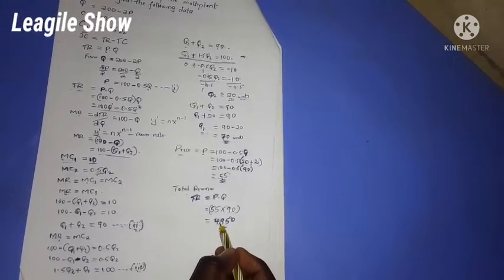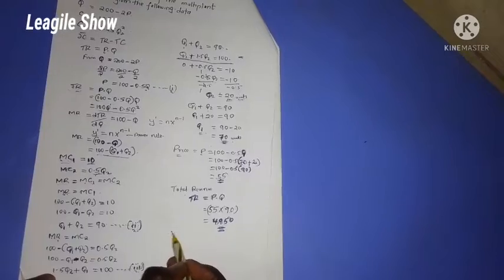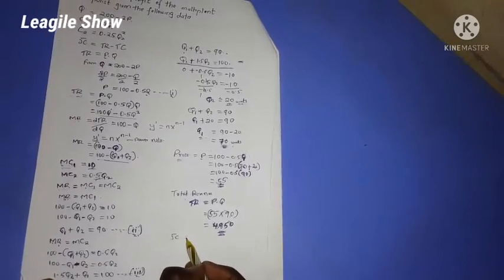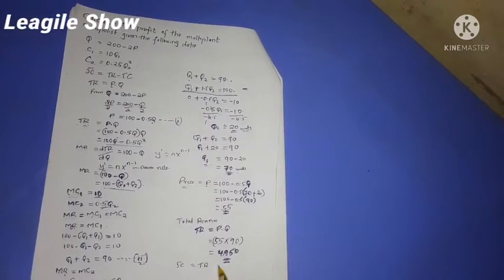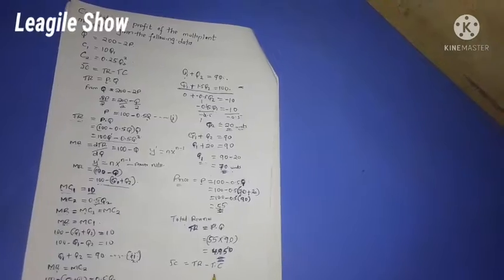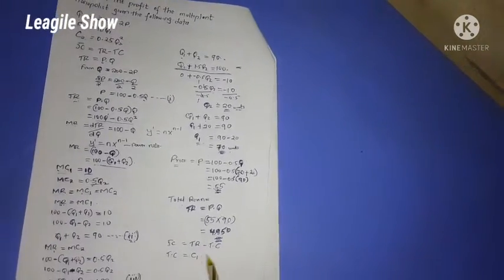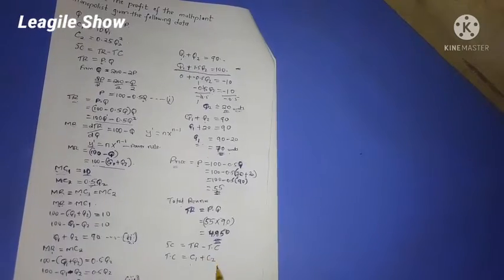Multiplying the two, the total revenue becomes 4,950. But we said now to get the profit, you have to calculate total revenue minus total cost. But what is our total cost? Remember, total cost will be equal to cost of the first firm plus cost of the second firm.